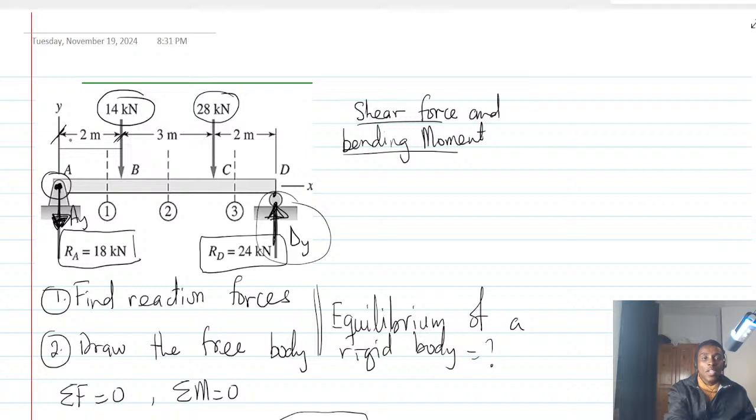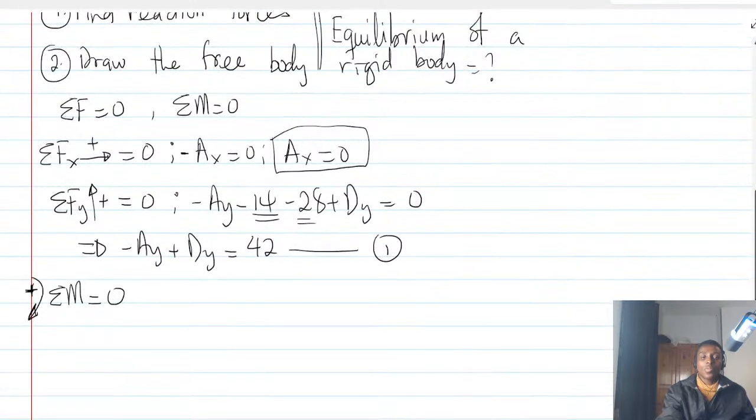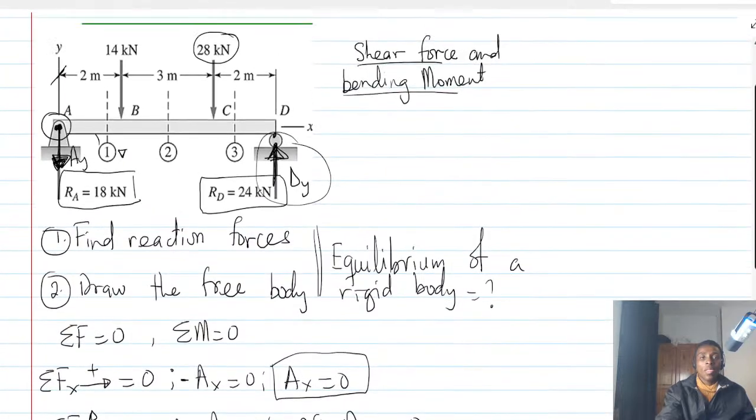From here to here is 2, so 14 times 2. Is it clockwise or anti-clockwise? Because the force is coming downwards, it creates a clockwise moment about A, so it's going to be plus 14 times 2.